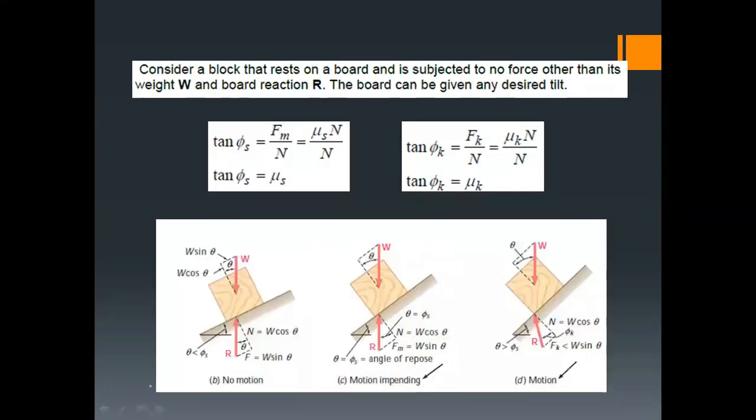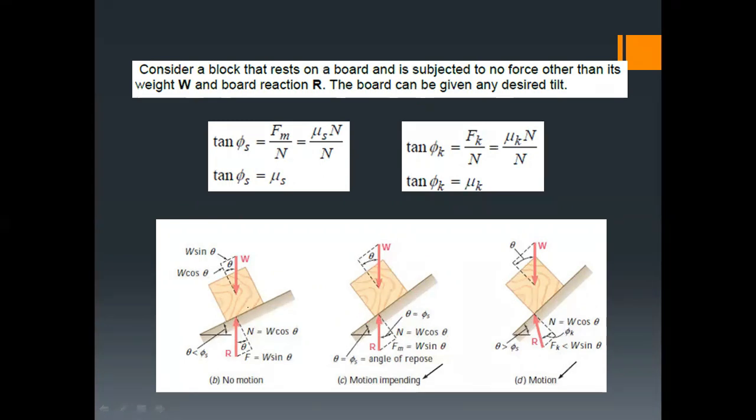Next is consider a block that rests on a board and is subjected to no force other than its weight and the board reaction. So the board can be given any desired tilt. So as long as tumataas yung tilt natin doon sa plane or sa isang surface, tumataas din kung saan nagre-react yung reaction force natin.